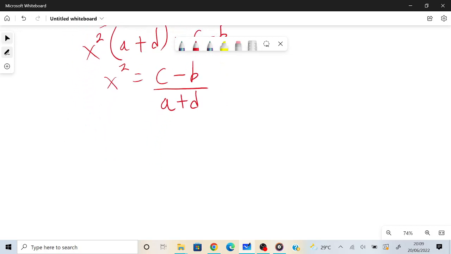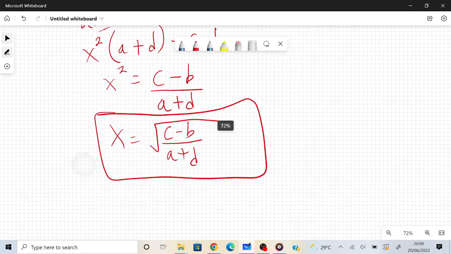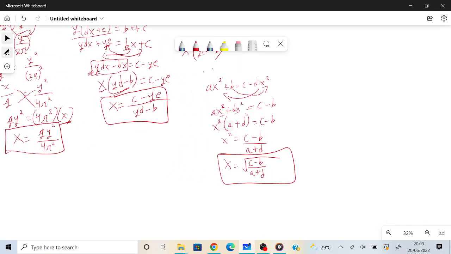And your x is going to be the square root of this whole expression, that's c minus b all over a plus d. And that is your final answer. x has been made the subject of the formula in all the examples.